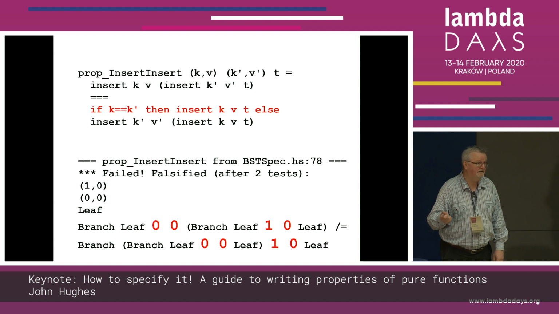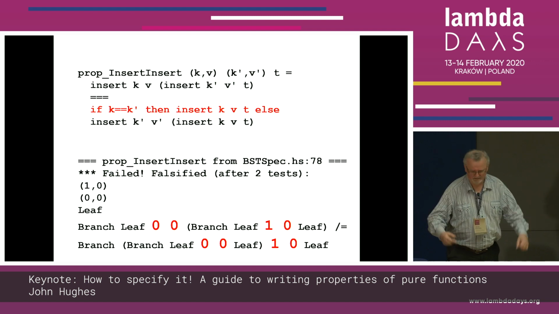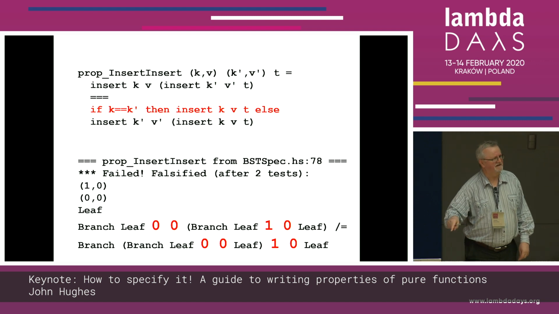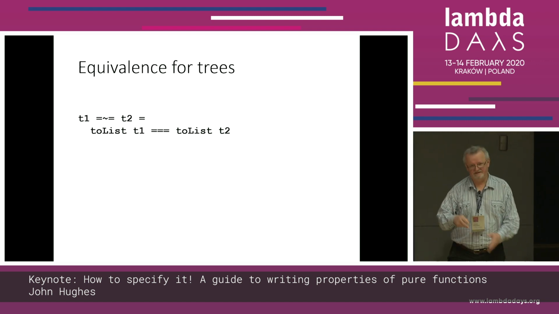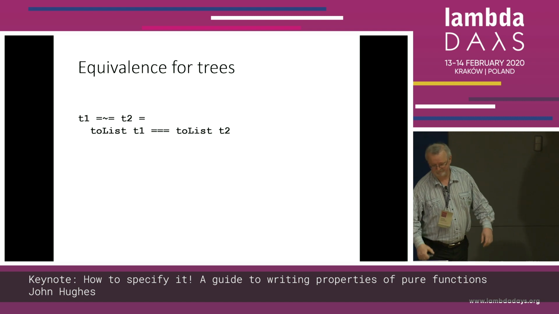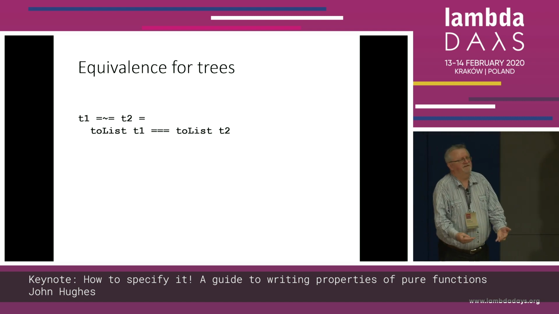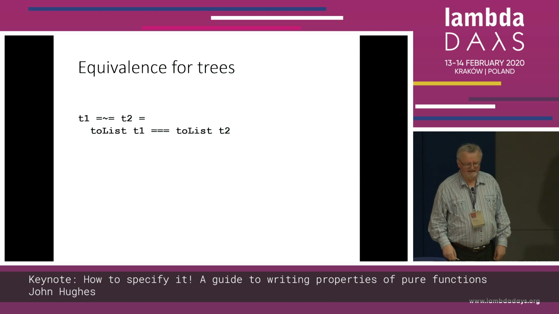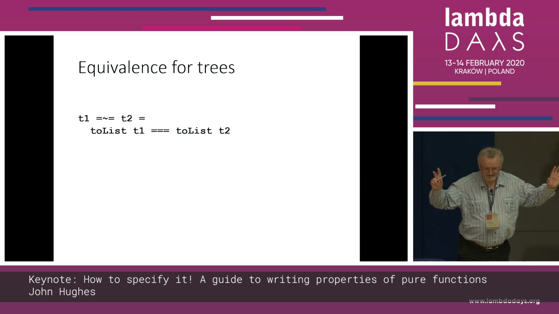Do I care about the shape of the tree? I'm going to say no. So I'm going to say that morally, this property is true. Of course, now I have to teach morals to Quick Check. And we very often need to do this when we do this kind of testing. So I'm going to define when two trees are morally the same, or equivalent.